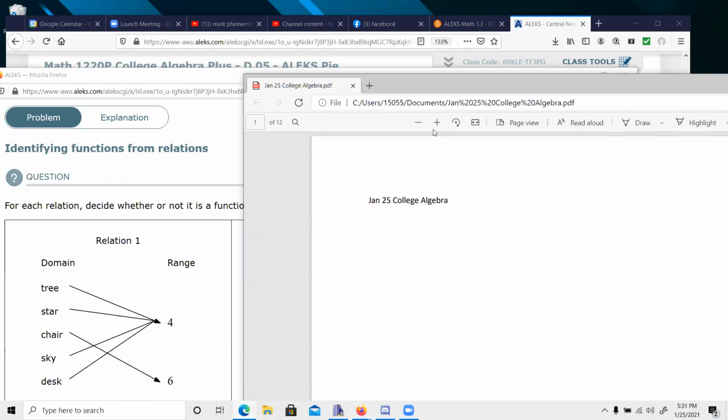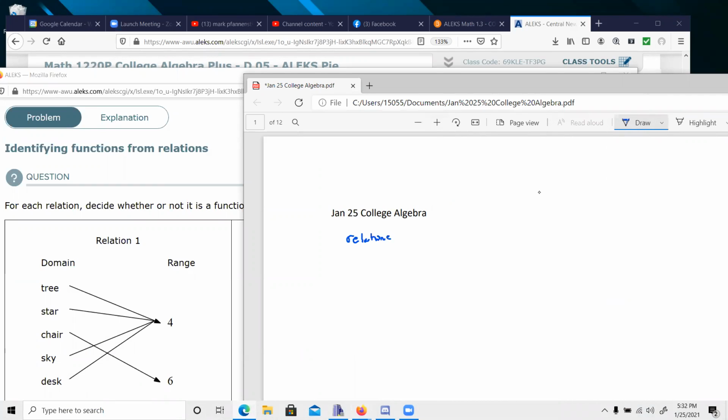So when we are looking at domains and ranges, like is a relationship a function, right? What we're trying to check is does everything in the domain have an assignment, right?